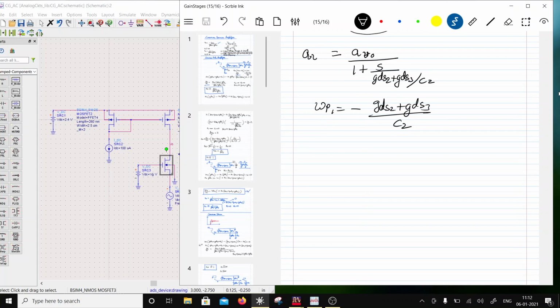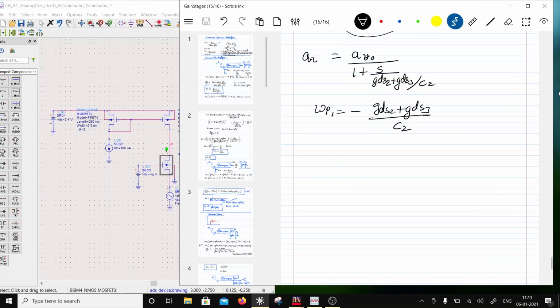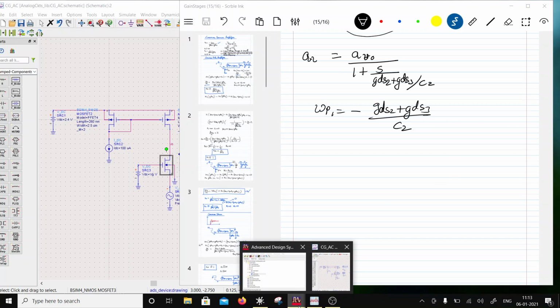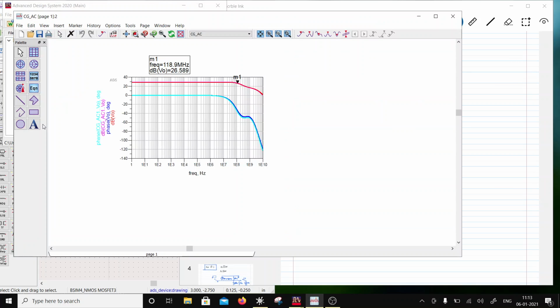But primarily, I can only see one pole in the voltage gain of a common gate, and that should reflect the response. So let's see the response of a common gate. Over here, you will see that the phase has rolled by 90 degrees only, right?